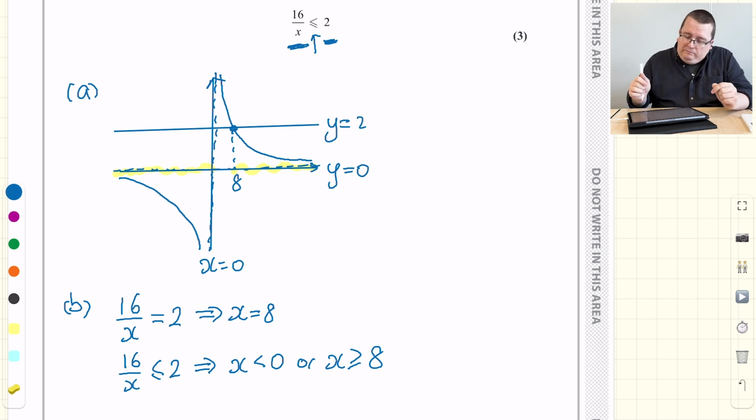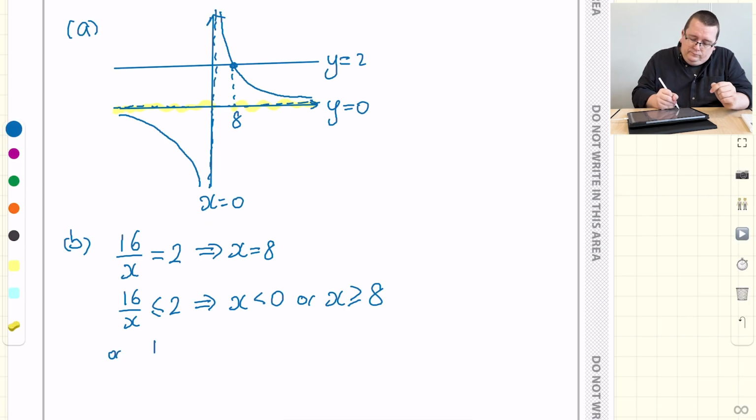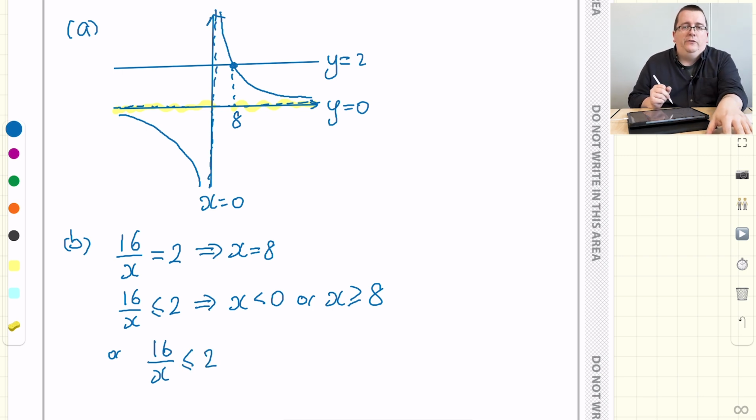The second method for solving an inequality like this is to multiply both sides, not by x, because if you multiply both sides by x, x could be positive or negative, and so that causes a problem with the inequality symbol. So you need to multiply both sides by something that you know is positive, and that would be x squared.